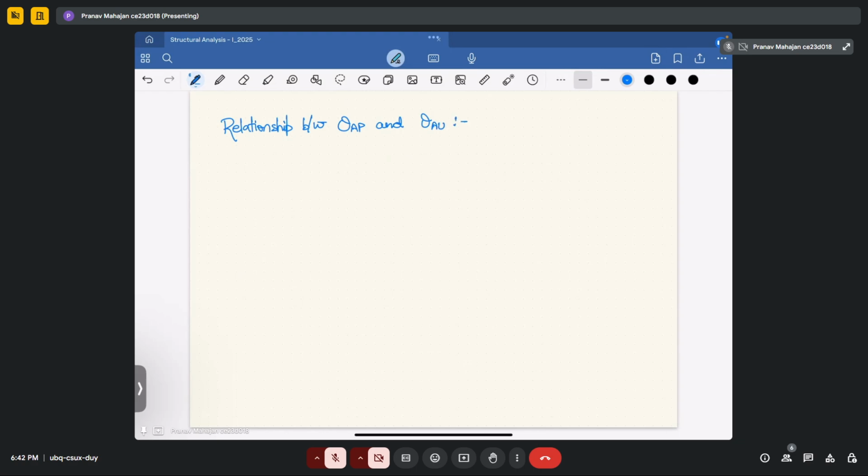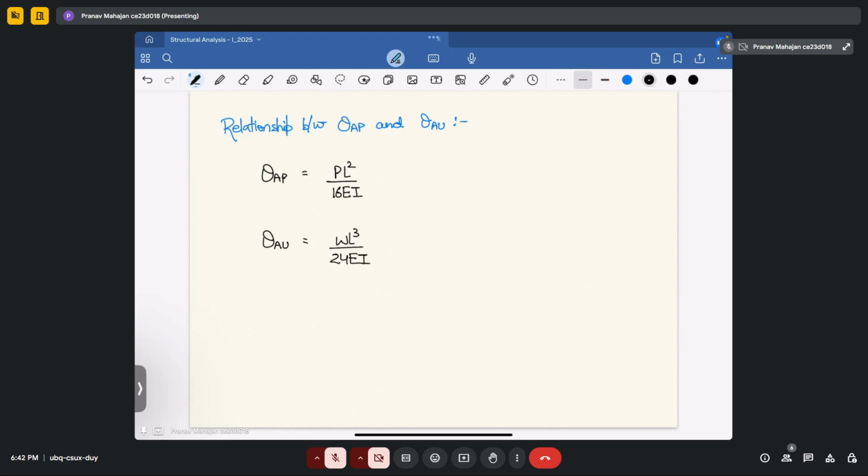So how will you determine? From first case, we have determined theta AP to be equal to PL square upon 16 EI. Your theta AU for the second case, just now we have calculated it as WL cube upon 24 EI.